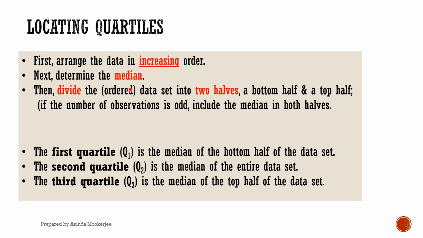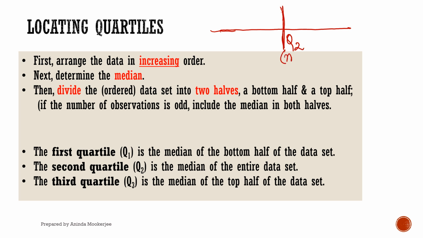So if you know how to find the median, you should be able to find the second quartile of the data set, right? So we first find the median, and let me show you here. All right, we have ordered our data set from lowest to highest. The first step is to find the median, which will be right in the center, and that median value is going to be called Q2.